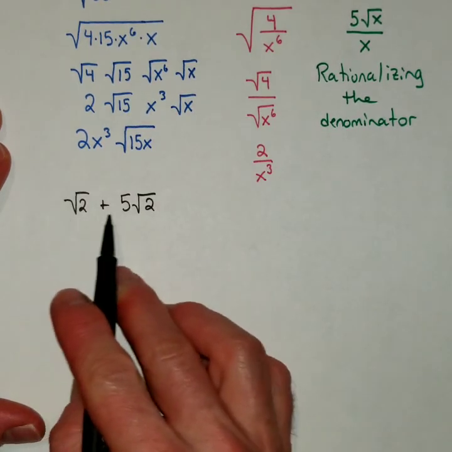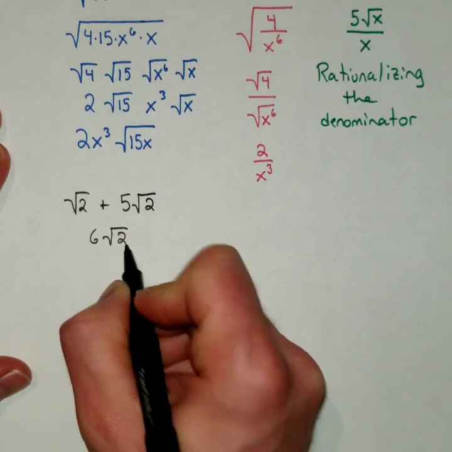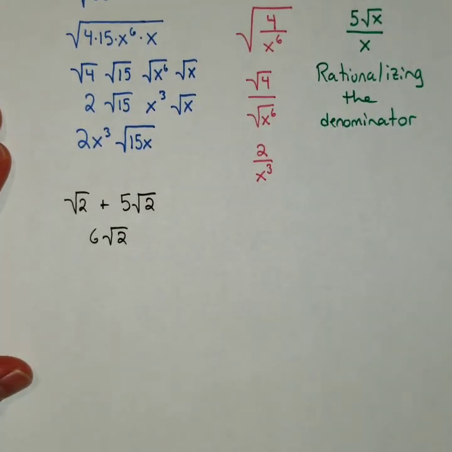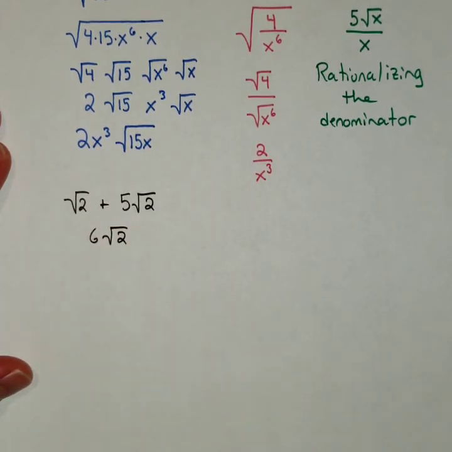I have 1 of them here, I have 5 of them here, I add them together, and that gives me 6 of them. 6 root 2's. And so simplifying roots, or adding them together, is as simple as combining like terms, just adding the coefficients together.